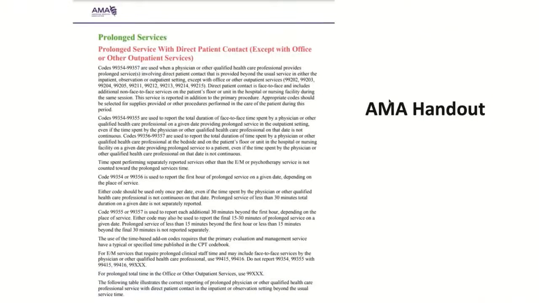One thing I want to let you know is that there's sort of an error with your document from the prolonged services page and beyond. There are no page numbers.